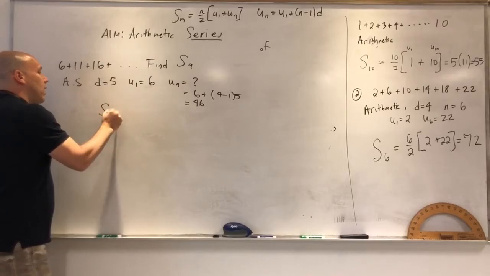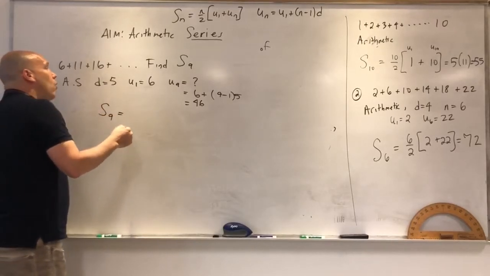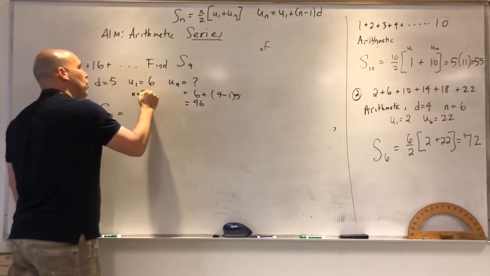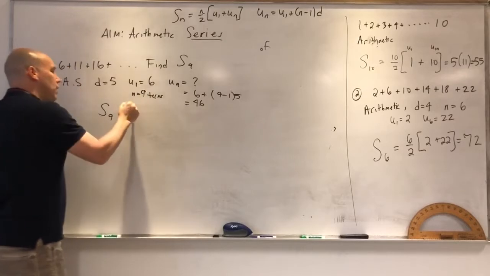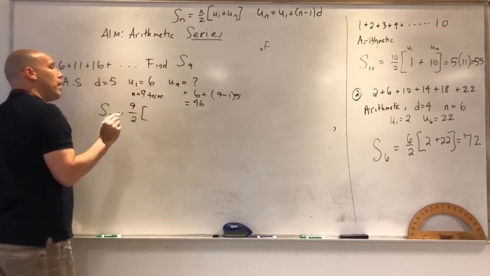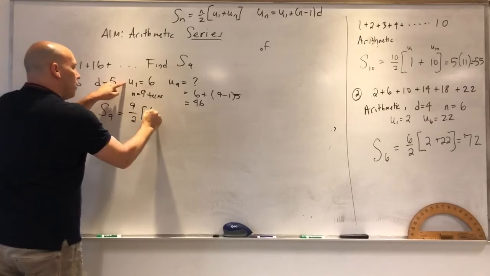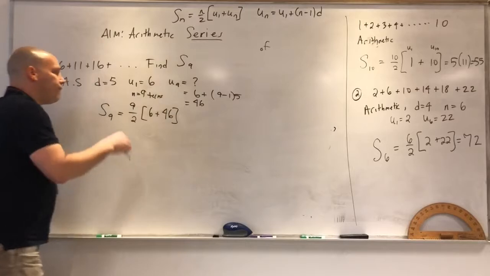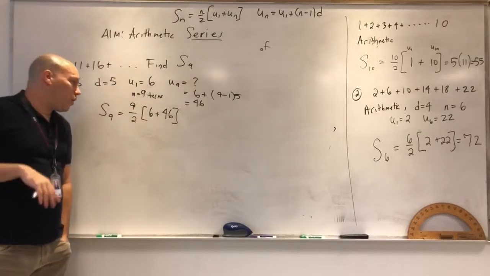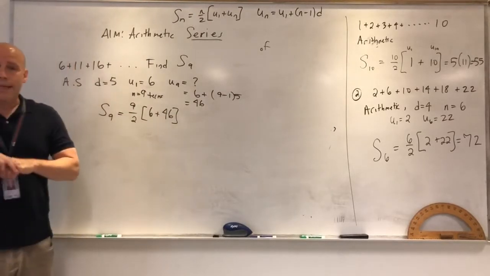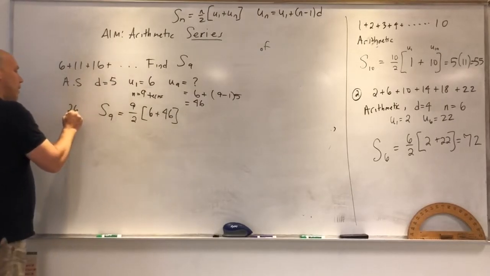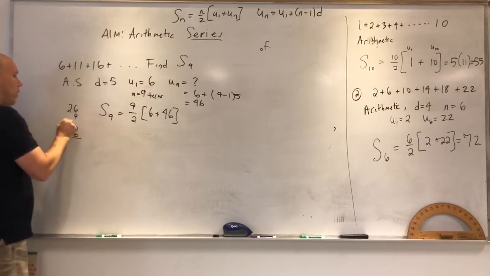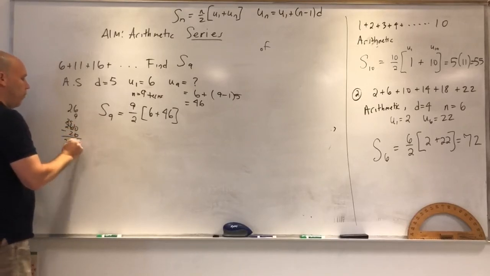The sum of the first 9 terms: we're looking for n terms, 9 terms. So it's 9 over 2 times the first term plus the last term. 52 divided by 2 is 26, and then 26 times 9 is 260 minus 26, which is 234.